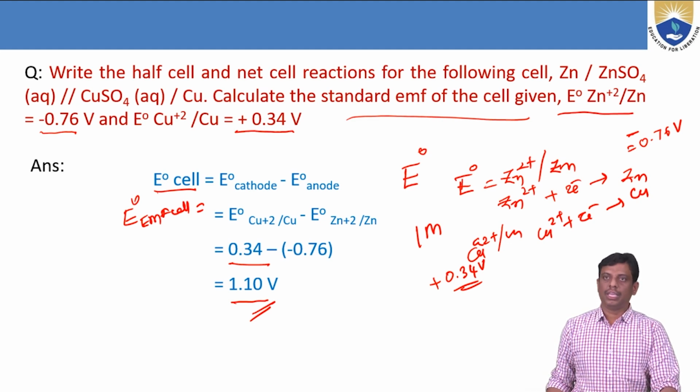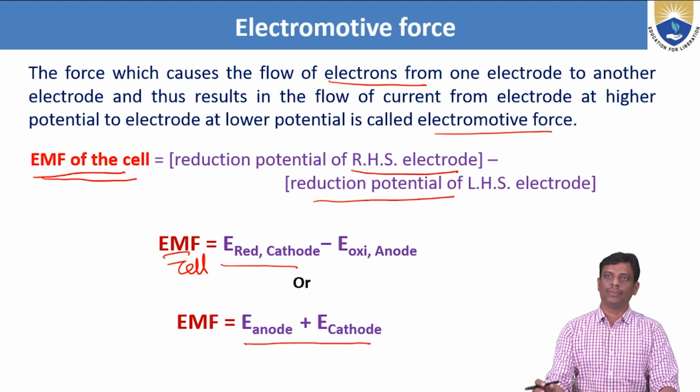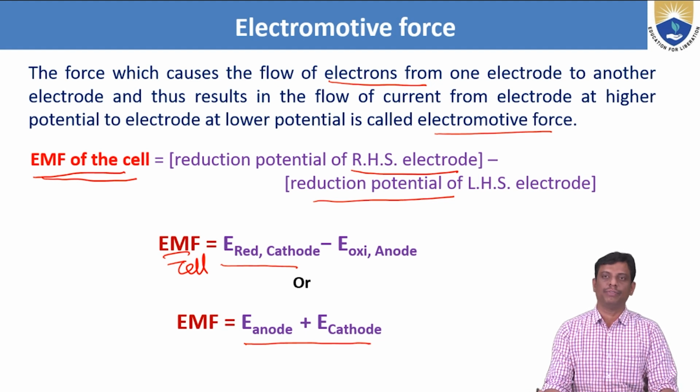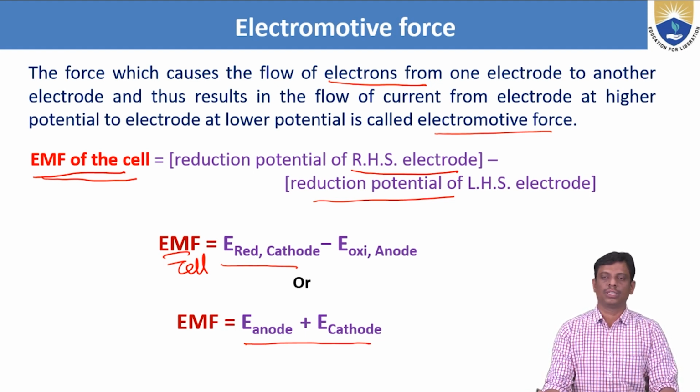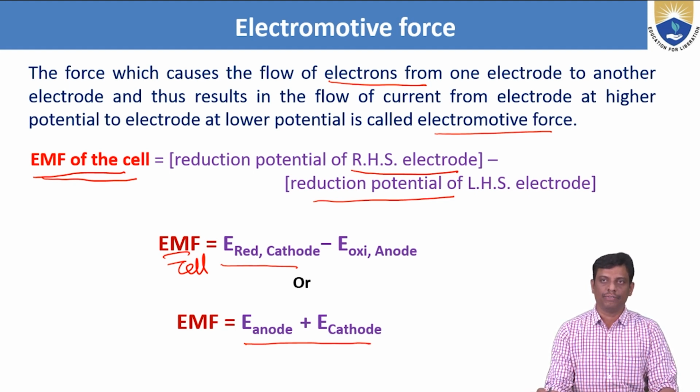For understanding EMF, the potential difference between the two electrodes is called the EMF of the cell.